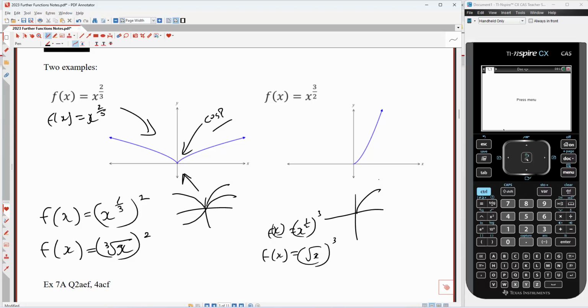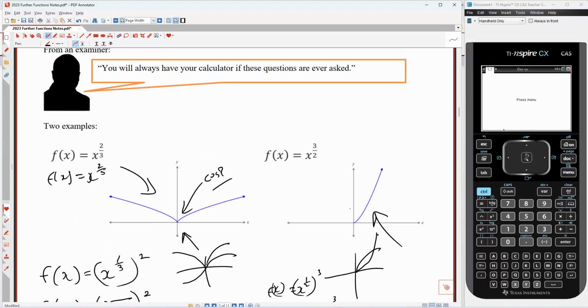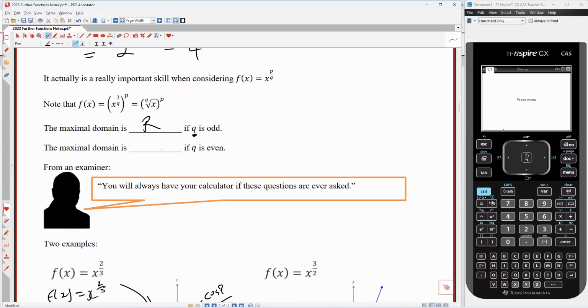So these large ones get bigger, and these smaller ones, when you cube them, actually get smaller. So we result in that graph there. Okay, so the domain, if q is even, is all real positives union with 0, because we can produce that.